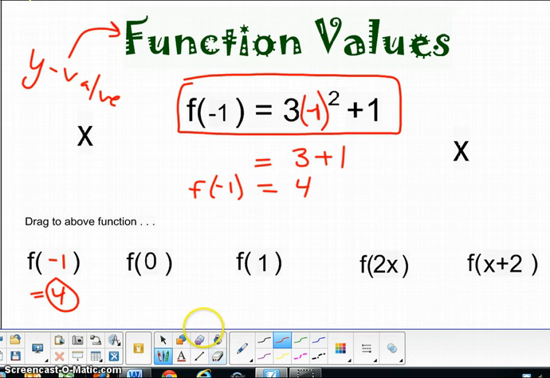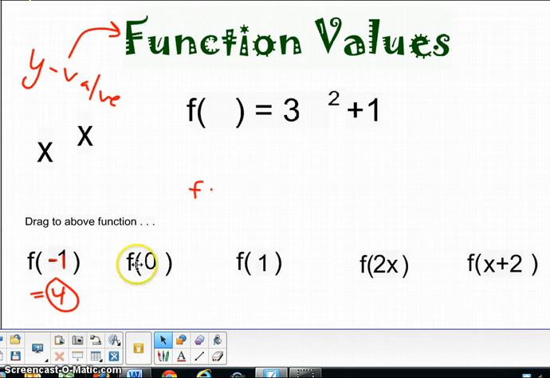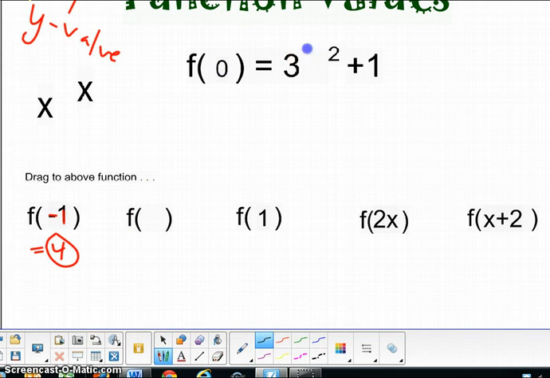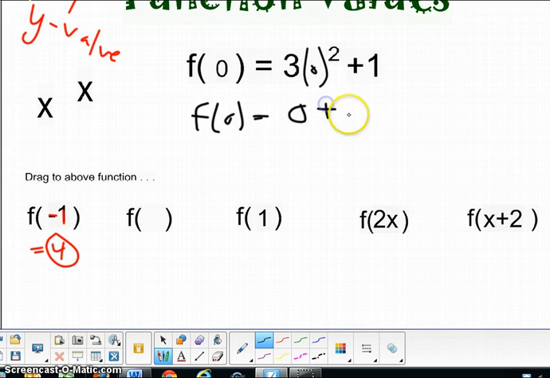So let's try another one. Go ahead and push pause and do f of 0 and f of 1. So let's compare answers. If you take 0 and plug it in both spots, so this would also be a 0. F of 0 equals 0 times 3, which is 0, plus 1.